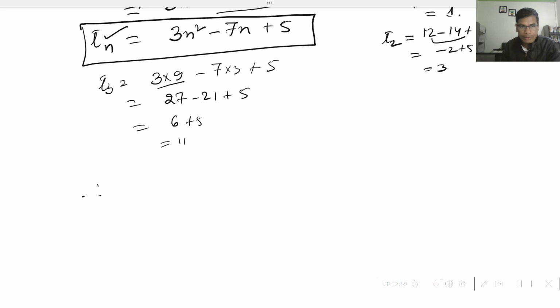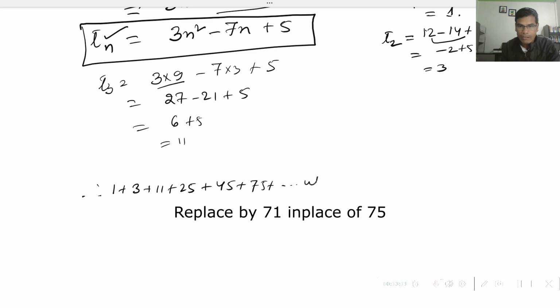So therefore, sum up to 20 terms, that is 1 plus 3 plus 11 plus 25 plus 45 plus 75 up to 20 terms. So this is same as t1 plus t2 plus t3 up to t suffix 20.